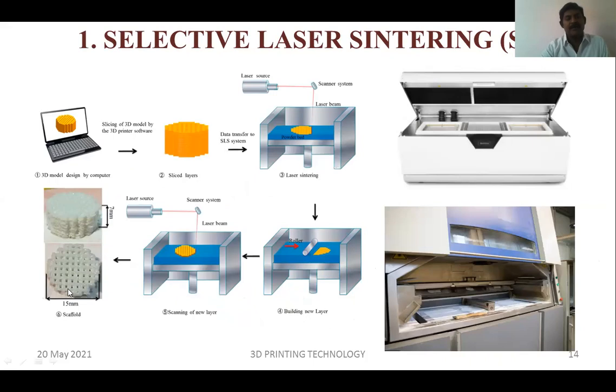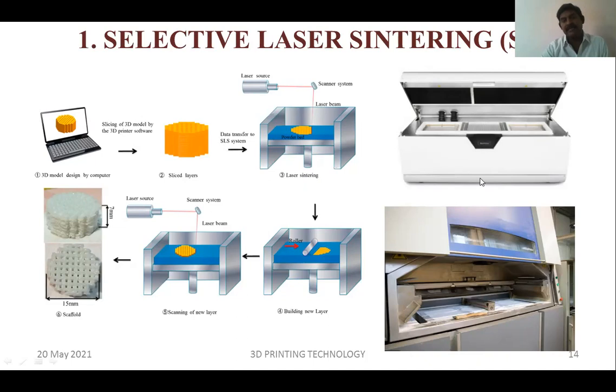The 15 millimeter circle as well as the height of 7 millimeter is drawn through this 3D modeling diagram, and it will move on to a slicing STL file, and it will move on to slicing the particular component, and it will move to the laser source as well as the powder bed. For every process, the powder will be projected through this powder bed, through the roller. So layer by layer it will form, and the final outcome of the particular product is displayed here.